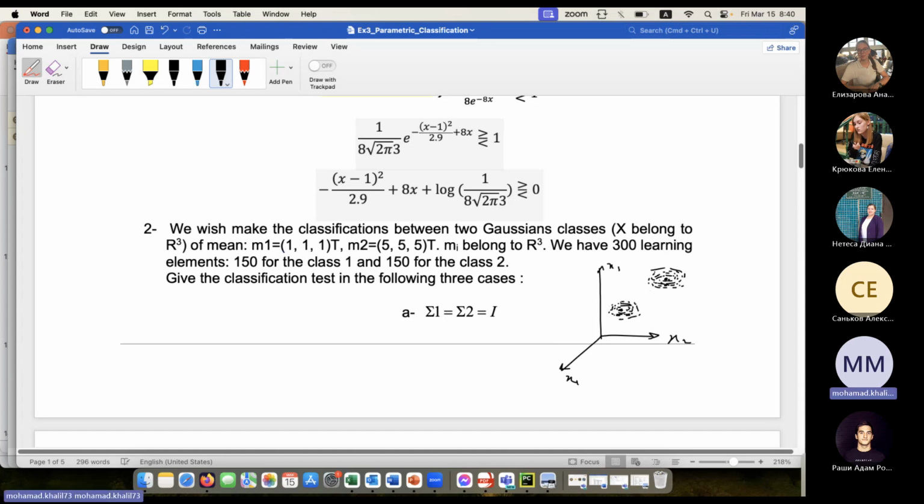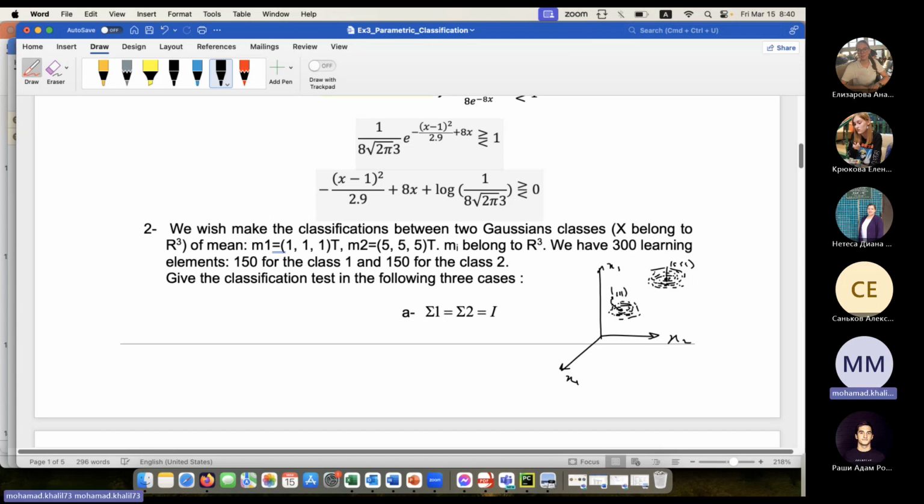Something like that, in the space, not in R2, around (1, 1, 1) and around (5, 5, 5). The center here is (1, 1, 1).